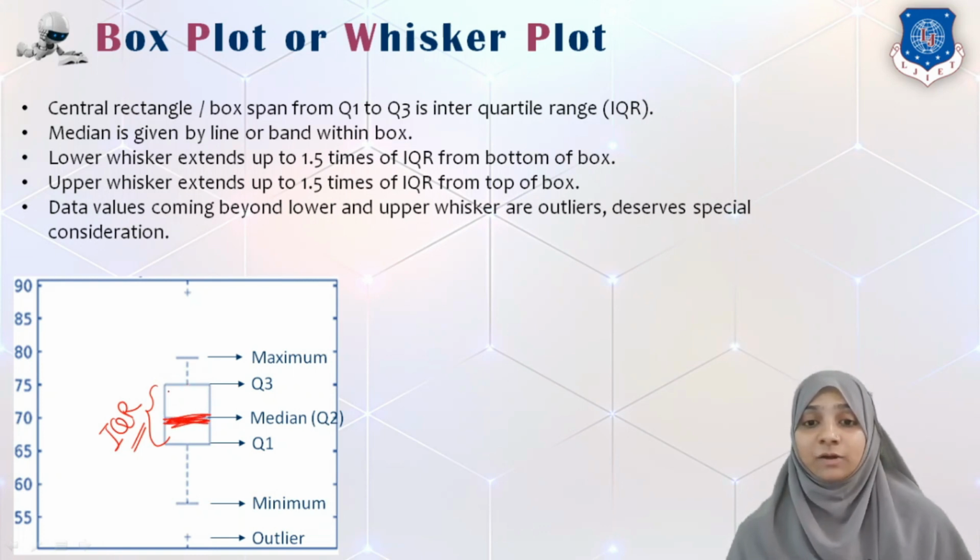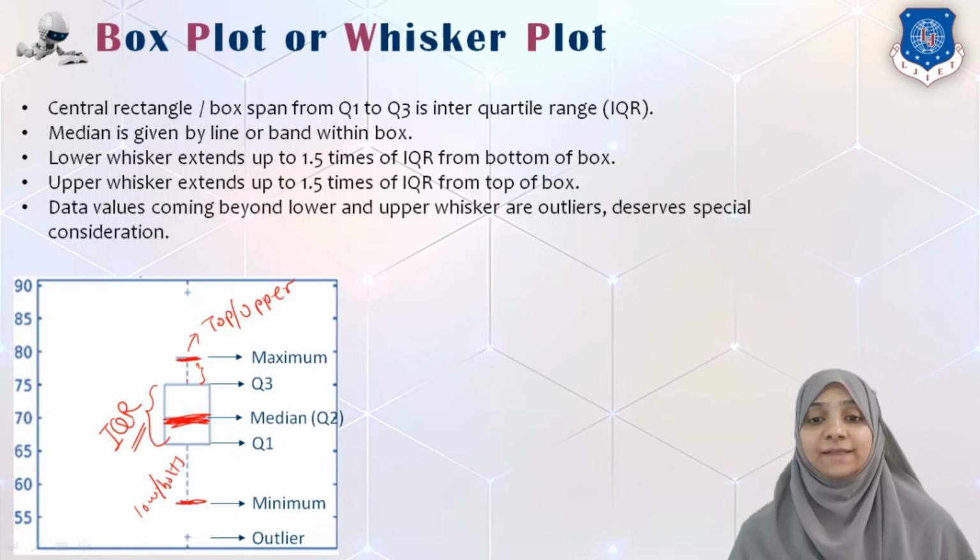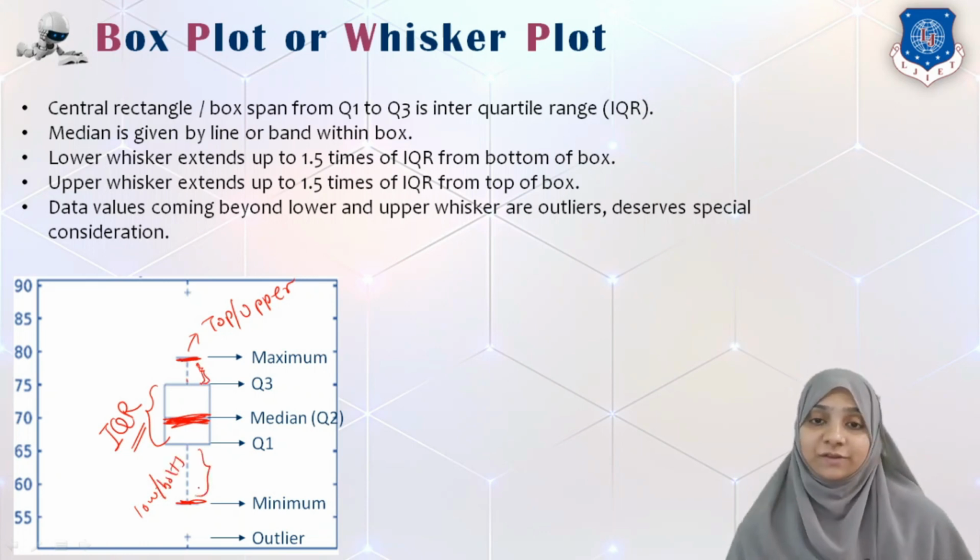And above this rectangle, we must have something called the top whisker, or I would say the upper whisker. And this particular small line is called the lower or bottom whisker. What will be the length of this bottom and upper whisker? The bottom whisker and upper whisker can extend only up to 1.5 times the interquartile range.